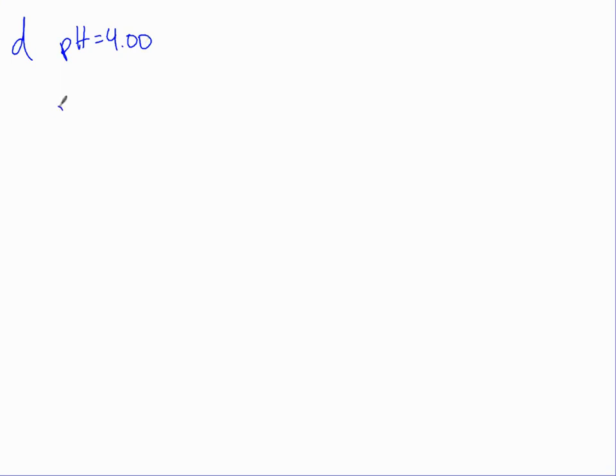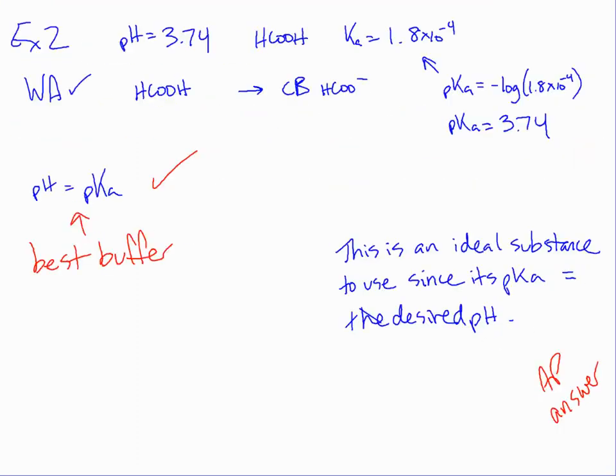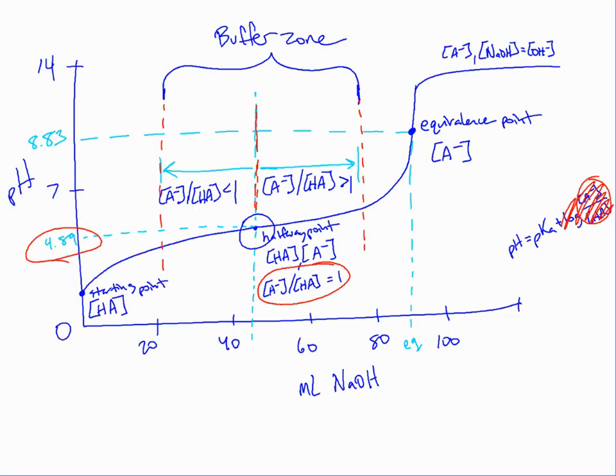So first off, the desired pH is greater than the pKa. So here's what we're expecting. And again, let me go back to that graph. The desired pH is greater than the pKa.